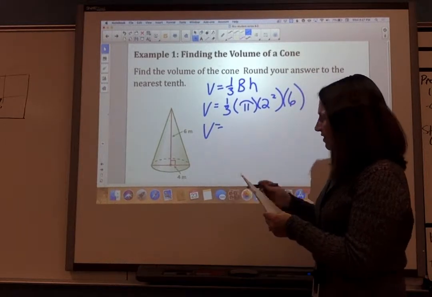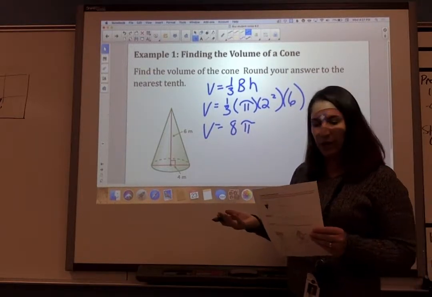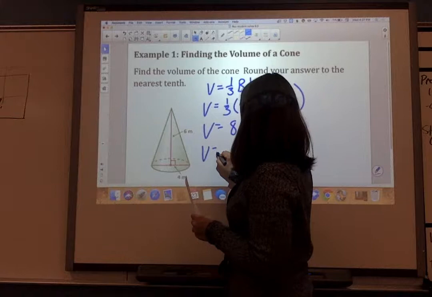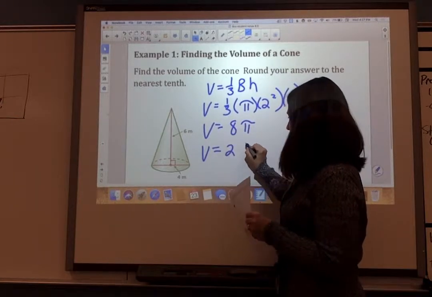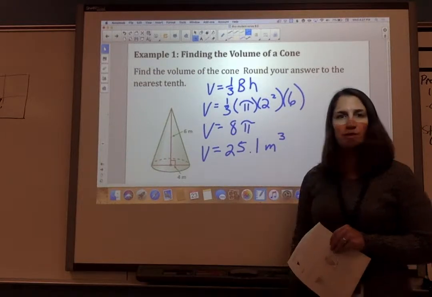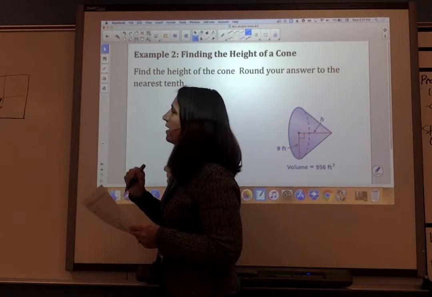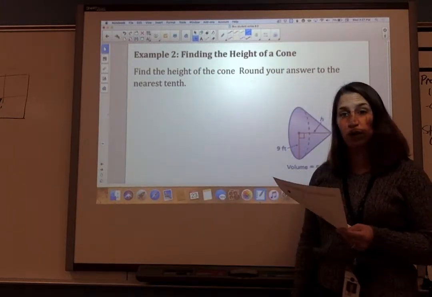We can simplify this to volume equals 8 pi. And then we'll use the pi button in our calculator to find that the volume is 25.1 cubic meters.